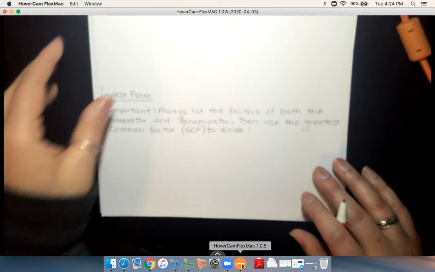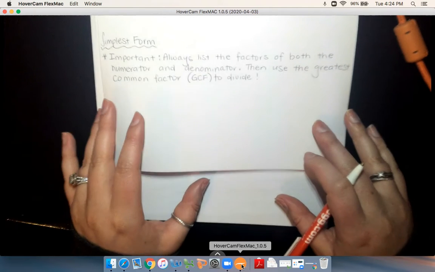The other one that we're going to talk about is simplest form. Simplest form has a little extra step to it. When a question asks me to put a number in simplest form, my first step is that I always have to list the factors of both my numerator and my denominator.